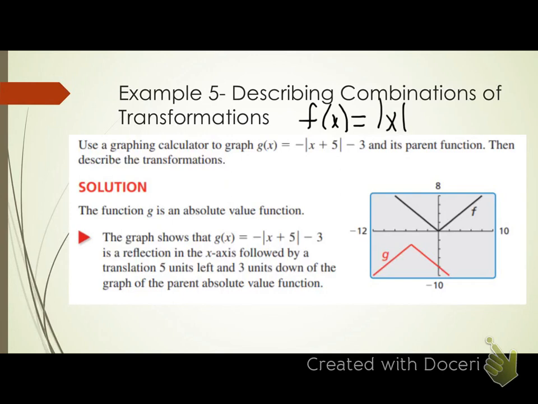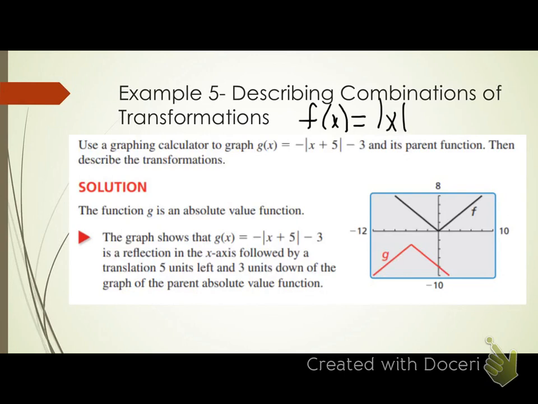If I'm inside, it tells me to do the opposite. So you would usually think I'd go right 5, but it's plus 5, so I go left 5. Outside tells me to do what you think you would do. Minus 3 tells me to go down 3. And if it said minus 5, I'd go right 5. The negative outside tells me it's going to be the reflection over the x-axis.